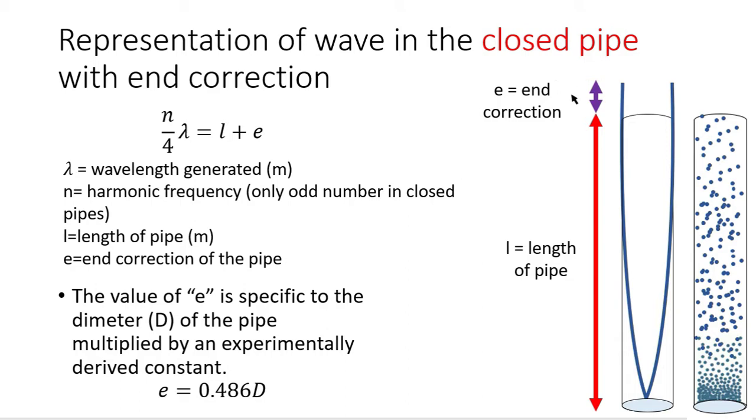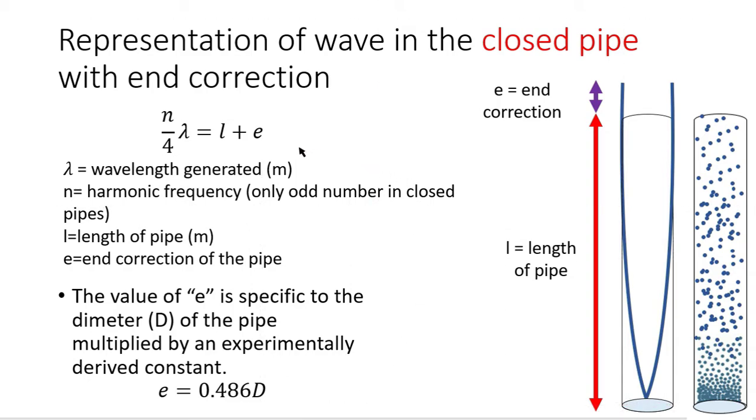That space where the pressure waves dissipate over the atmosphere is related to the diameter of the hole of the pipe. Now, this is an experimental value, and that can vary depending on the diameter of the pipe, but the general value is given by that.